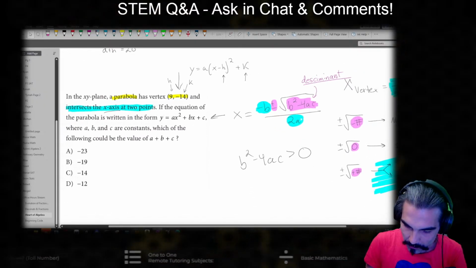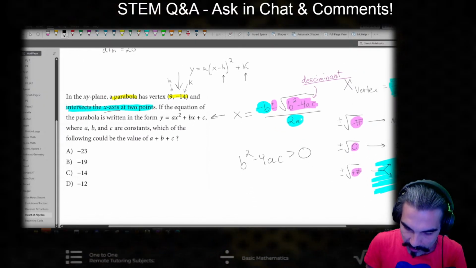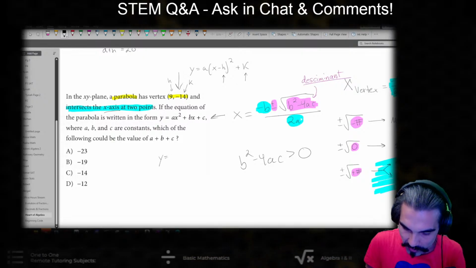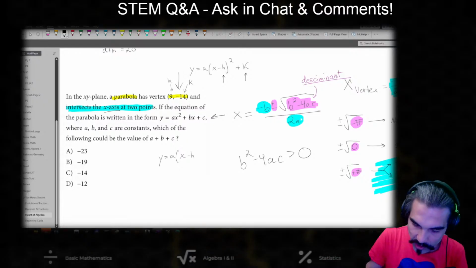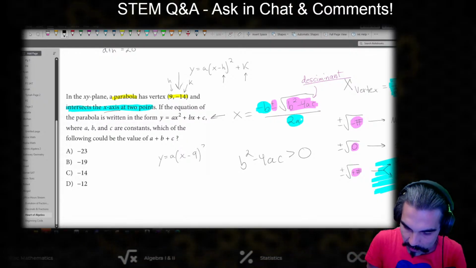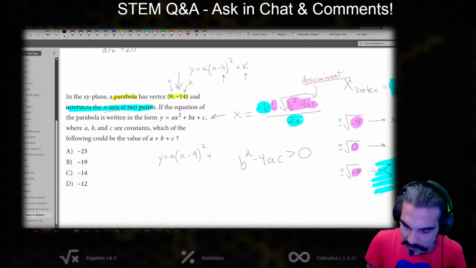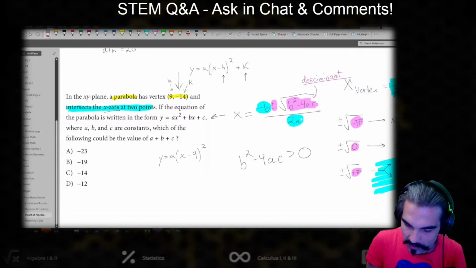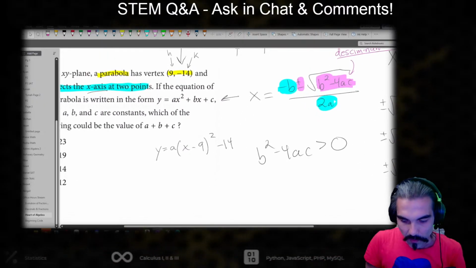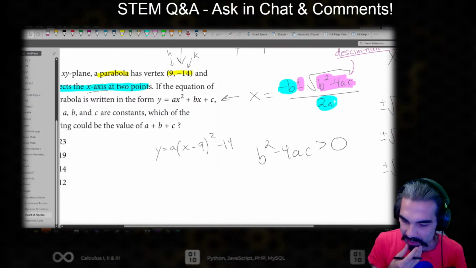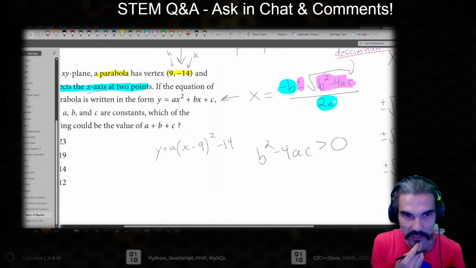So I'm going to make more room and write it down here. Y equals a(x minus 9) squared plus or minus 14. Okay, we're so close, but we have this a that's unaccounted for right now.